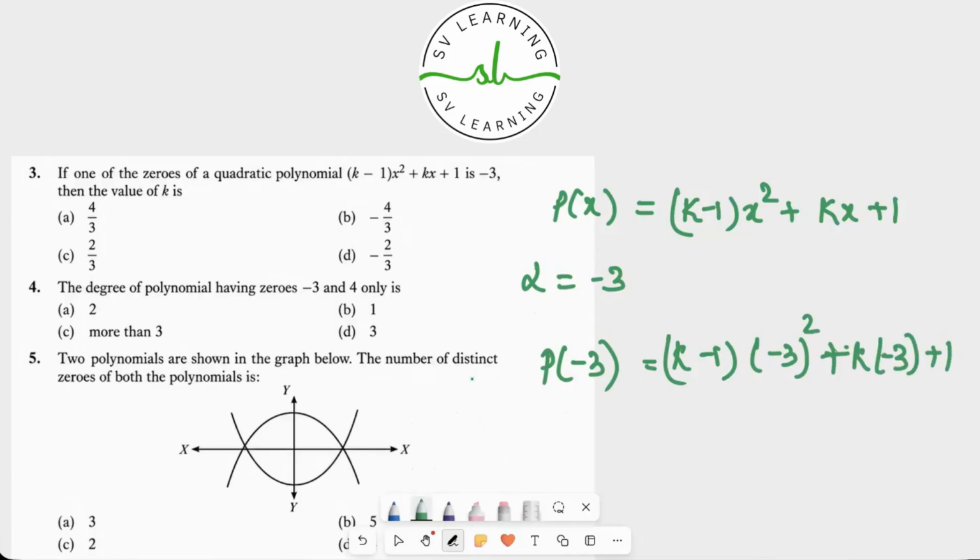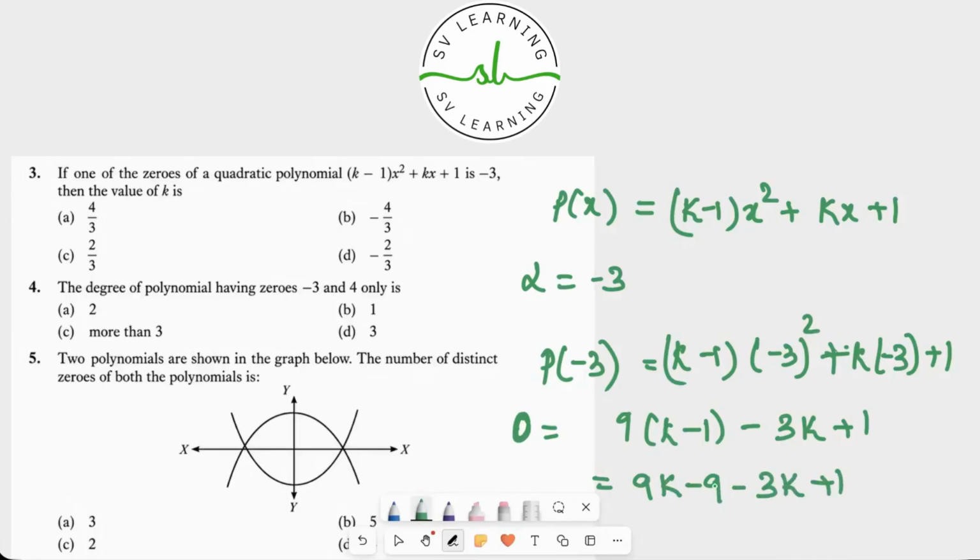And then since I know that this is a zero, that means the remainder should come out to be 0. So that's the factor theorem. So then what I will get here is 9 into k minus 1 minus 3k plus 1 is equal to 0. I'll just solve it quickly.